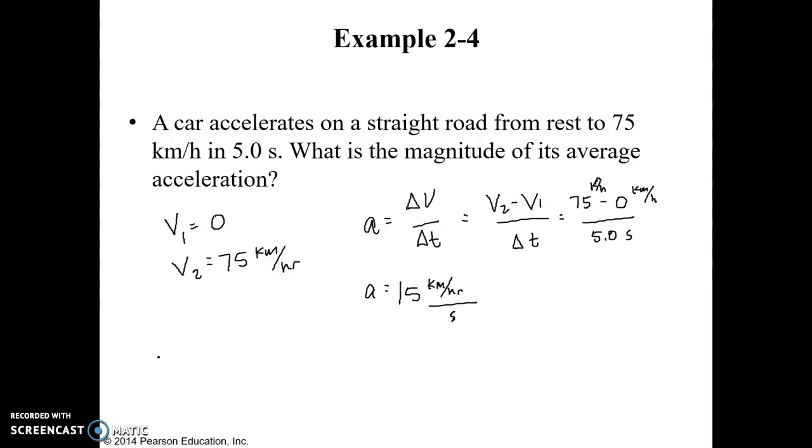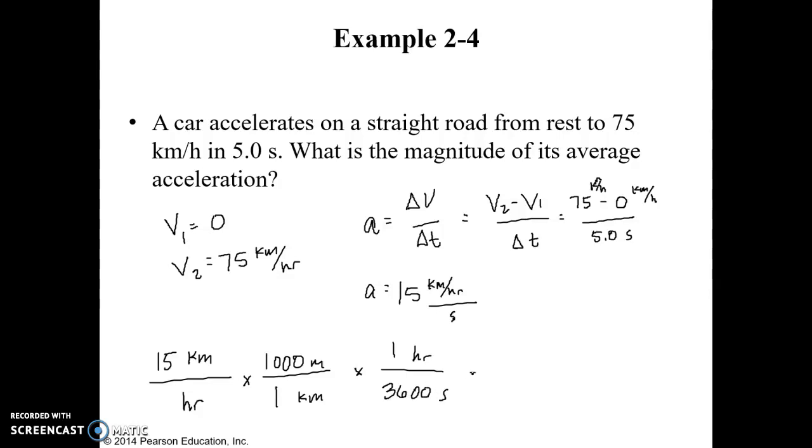So if we take our 15 kilometers per hour, we want to get rid of kilometers, so I'll put 1 kilometer is equal to 1,000 meters. And I want to get rid of my hours, so I'll put that on top. 1 hour is 3,600 seconds.